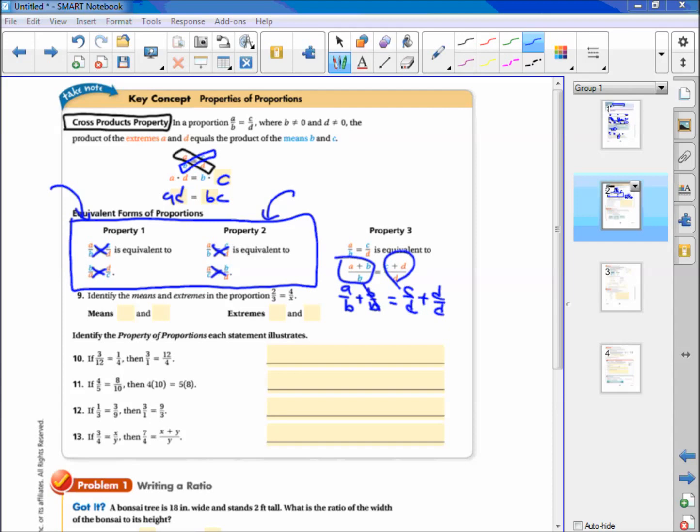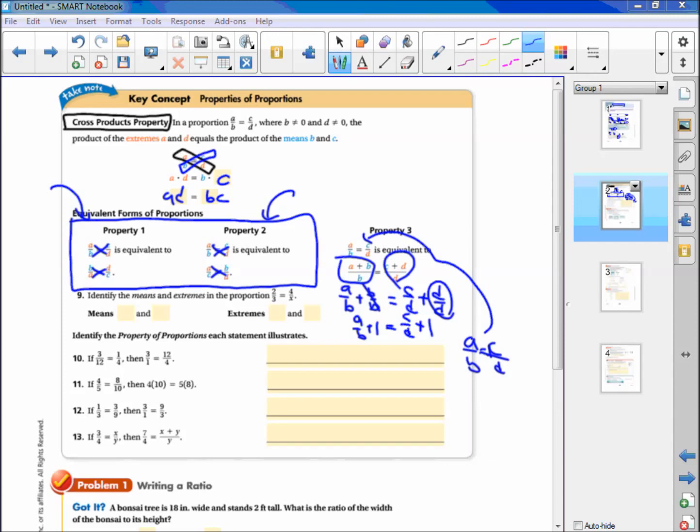This is just 1. So this is A over B plus 1 equals C over D plus 1, because D divided by D is just 1. And then we could subtract 1 from both sides, and we get A over B equals C over D, which is exactly what we started with. So if you do a little math in there, some algebra, you can prove that those are the same.